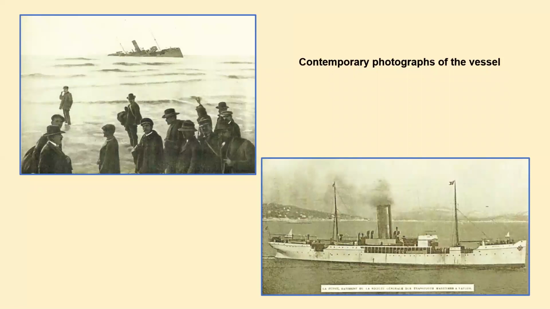And we finish up with contemporary photographs of the vessel. That's what it looked like before it ran aground, and that's what it looked like when it had run aground.